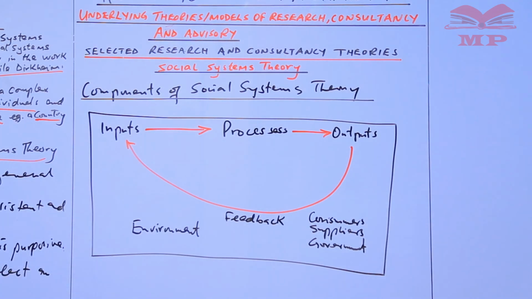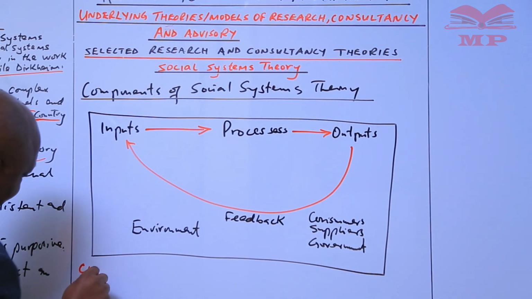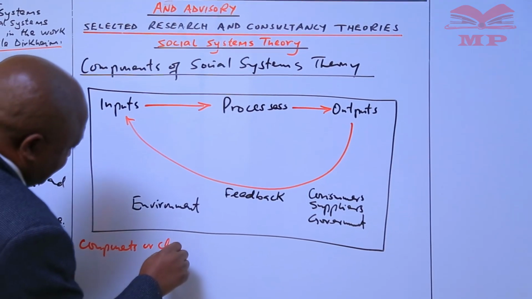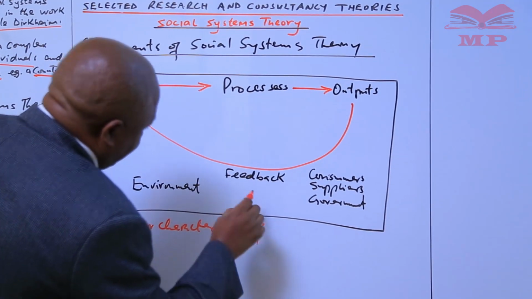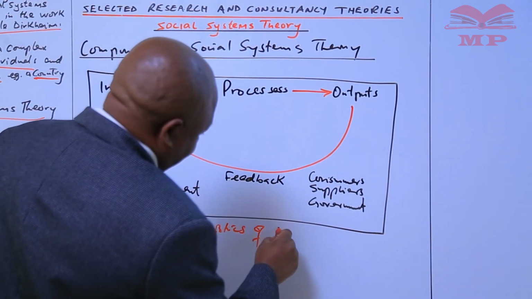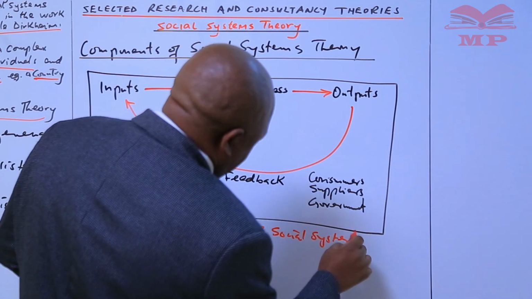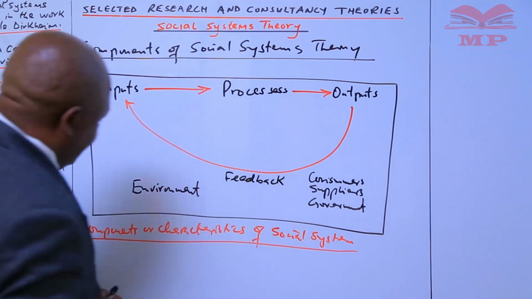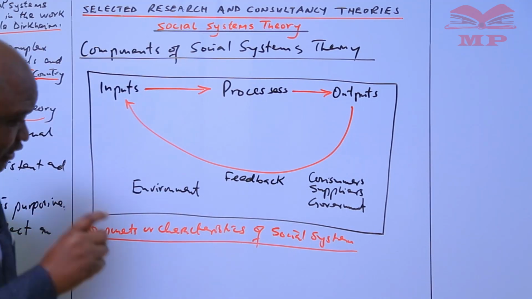So the components or characteristics of a social system will include the things that will define a social system.